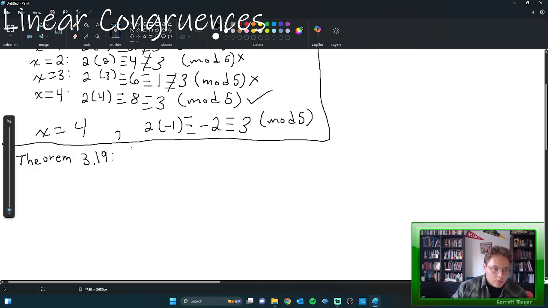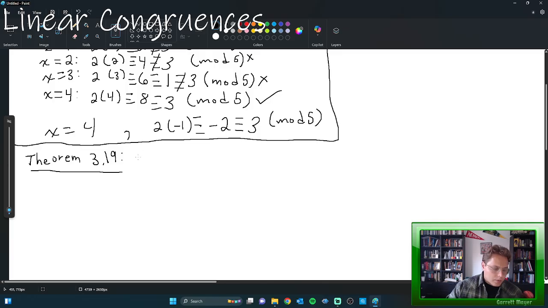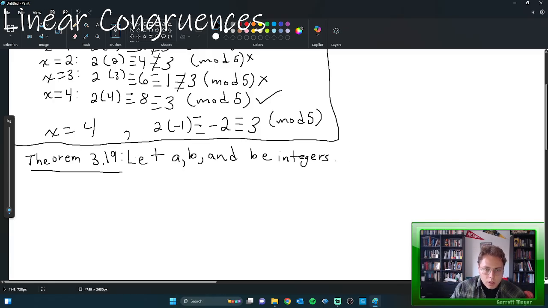So let's do Theorem 3.19. For this one, we're going to let a, b, and n be integers with n greater than 0.